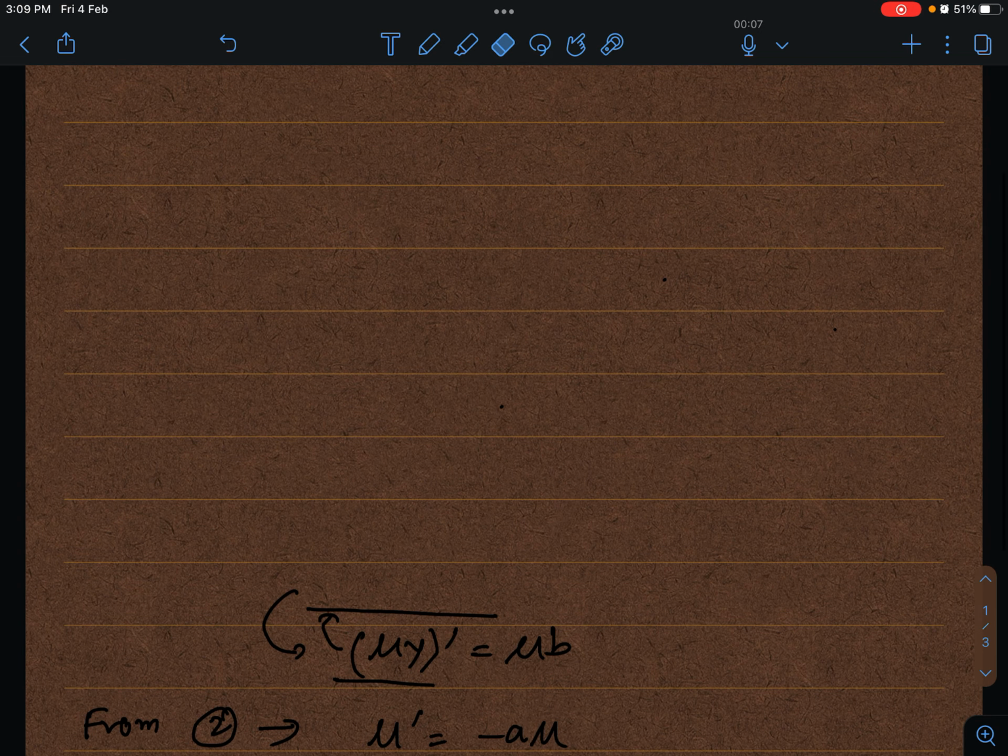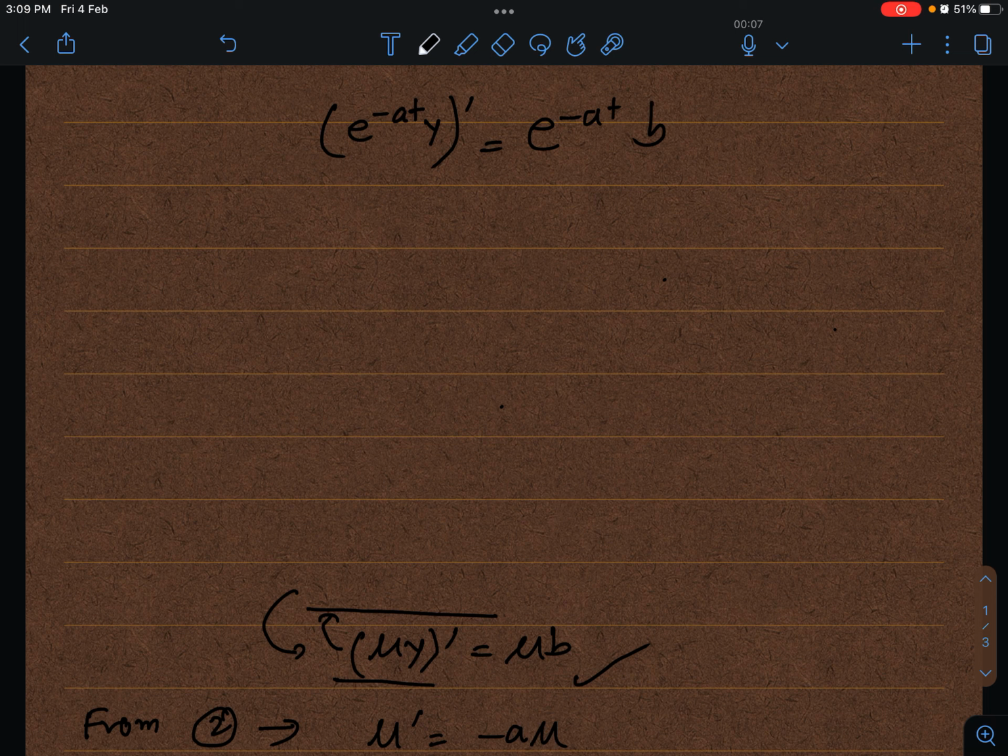So we have e to the power minus at y whole prime equals e to the power minus at b. Okay, we have this. So now we have to solve for y.